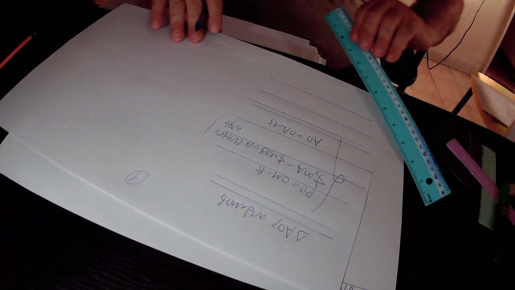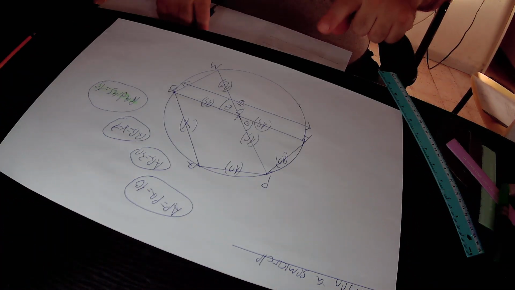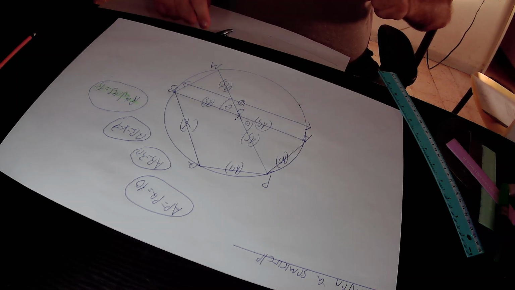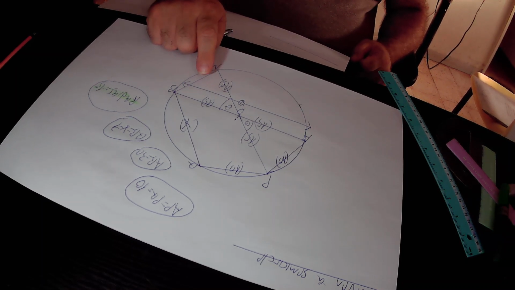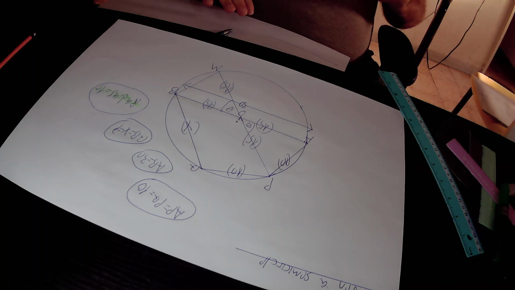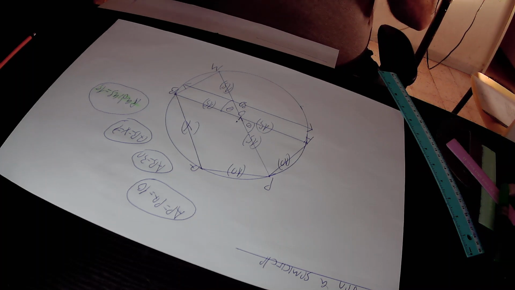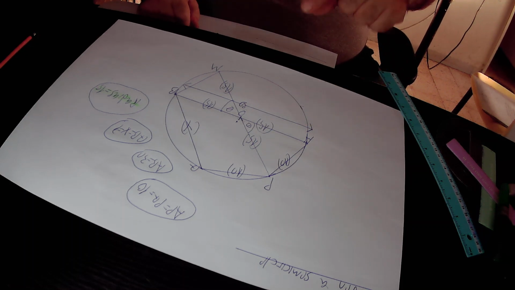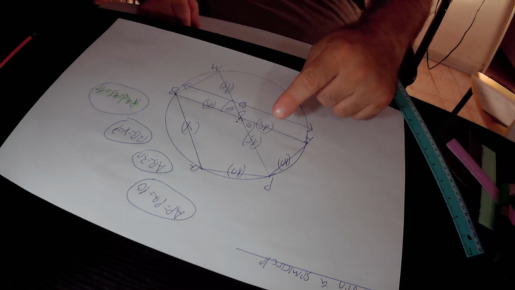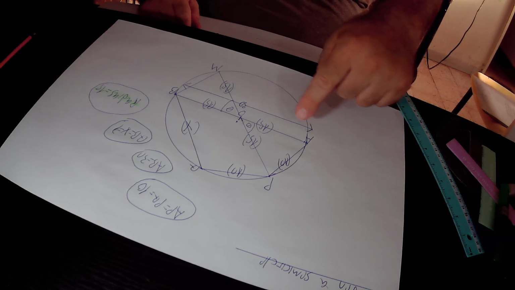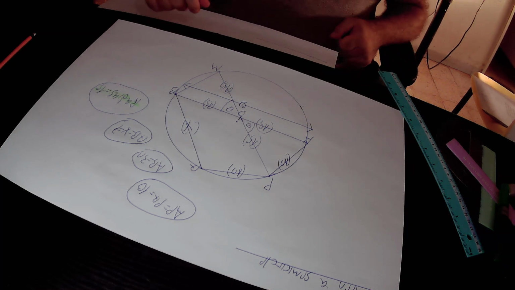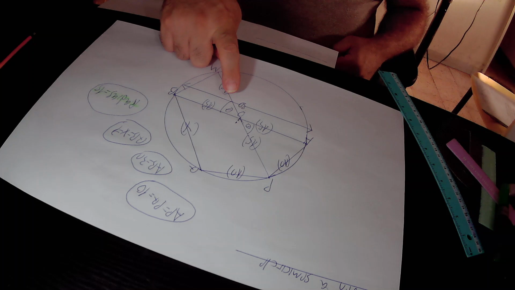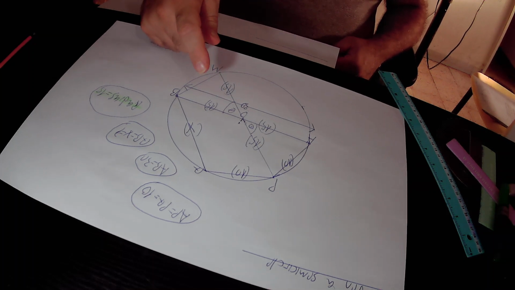So we actually proved that triangle AOP is congruent to triangle OMB according to the side-angle-side rule. That is to say, those two sides and the angle included between them in triangle AOP are correspondingly equal to those two sides and the included angle in triangle MOB.